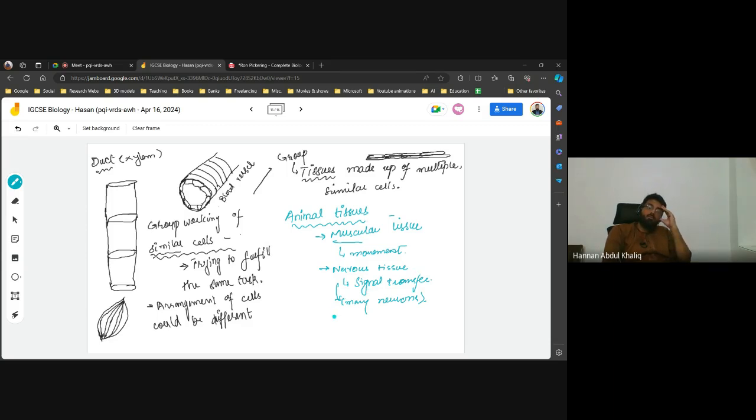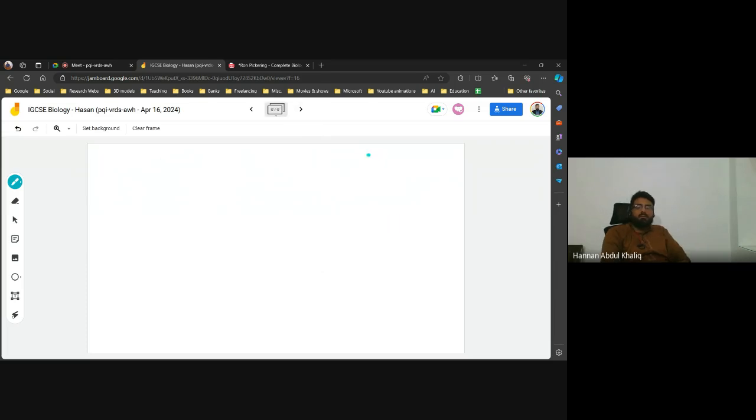The next tissue you would find is the connective tissue. Connective tissue is a type of tissue which connects different parts of the body. Suppose the first connective tissue is blood. Before going any further, let me tell you what you can call a tissue. Number one demand of a tissue is that it should have multiple cells.